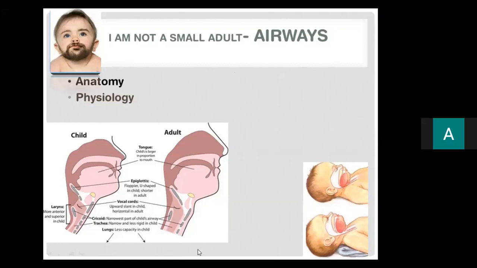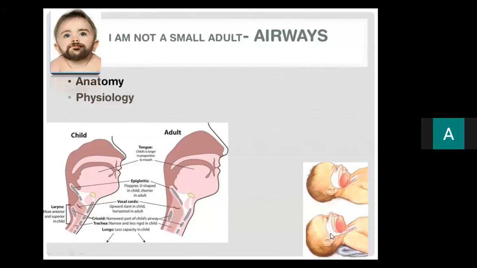Thank you, Paddy. Then the other thing about their airway, their larynx is more anterior compared to that in an adult, and so you'll use maneuvers like BURP, which is backward, upward, rightward pressure, to try and push it more posterior, as well as placing a shoulder roll.